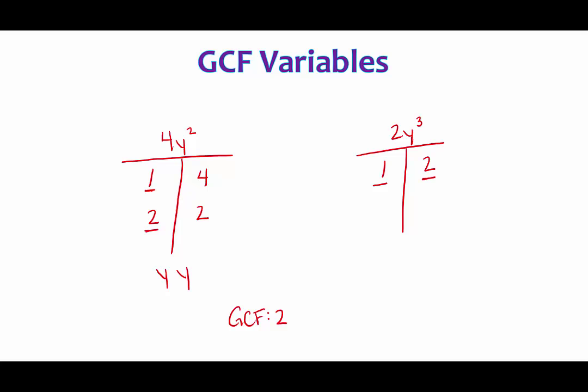And we'll do the same thing with the y cubed and 2y cubed. Y, y, y. How many do both of these have? Well, I can see that this one has 2, and this one also has 2. So the GCF would have a y, y, or in other words, the overall GCF would be 2y squared.